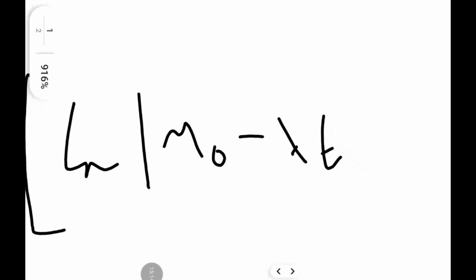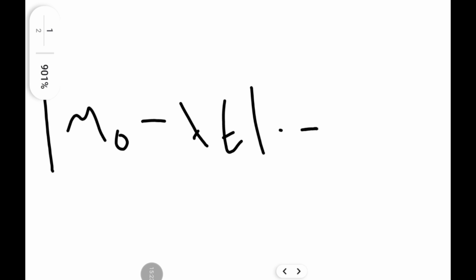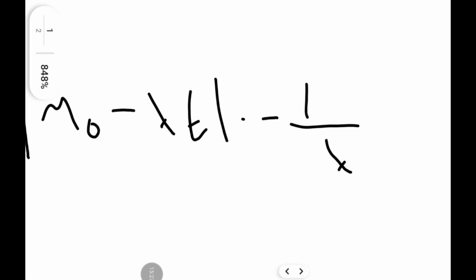And then you apply the chain rule, and you end up times negative 1 over lambda. That's the chain rule.